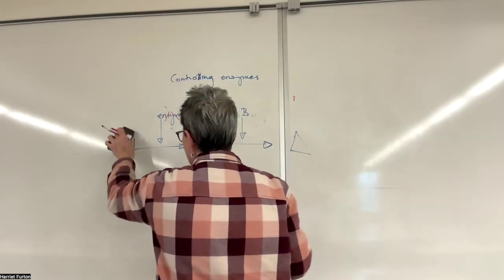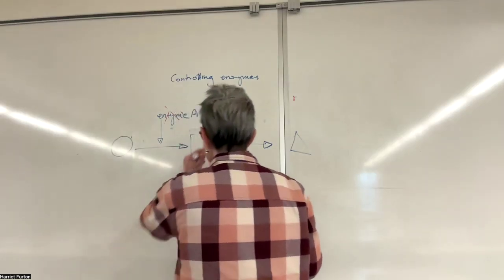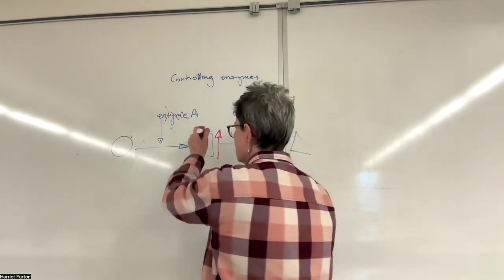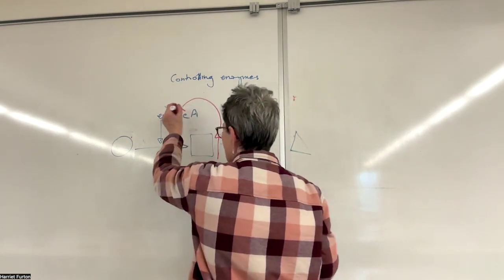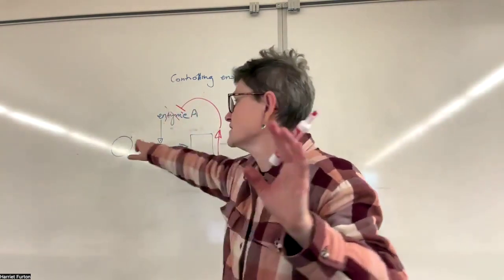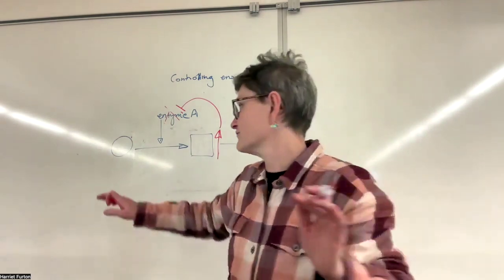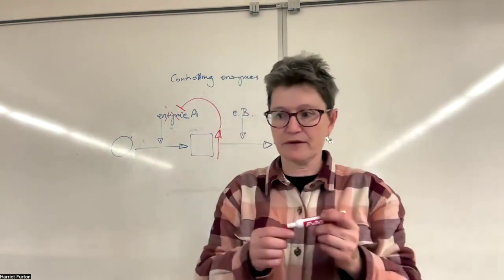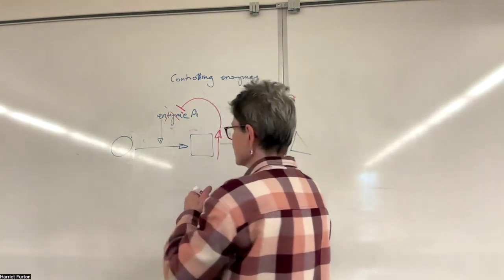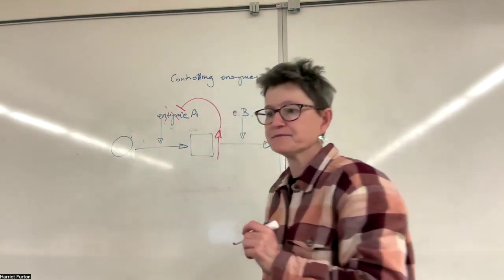So if we have tons of squares, this will block enzyme A. Hello, we don't need more squares. Stop converting the circle to square. How are they controlled really, these enzymes?